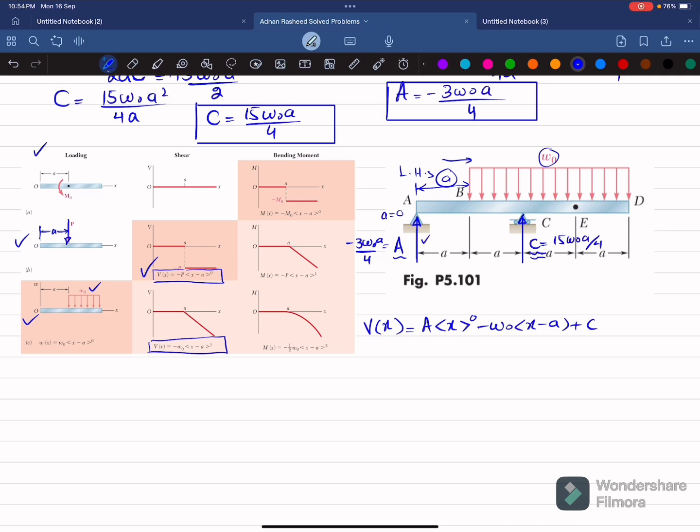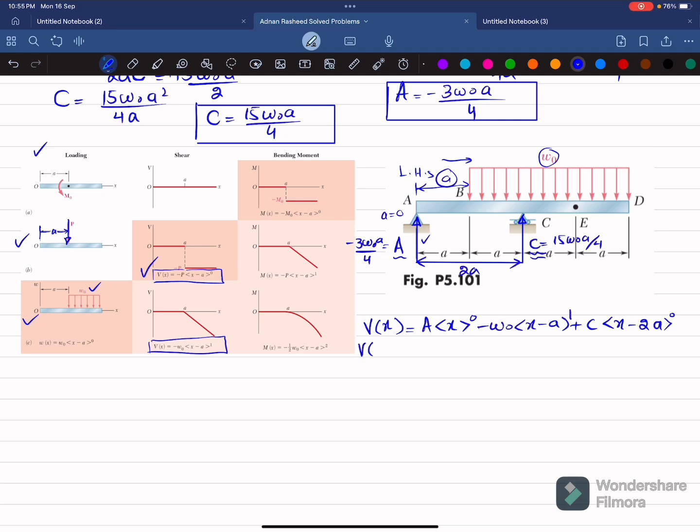So it will be plus C into X minus 2A power 0, since it is now acting at a distance of 2A from point A. Okay, and for distributed load, this power is 1.